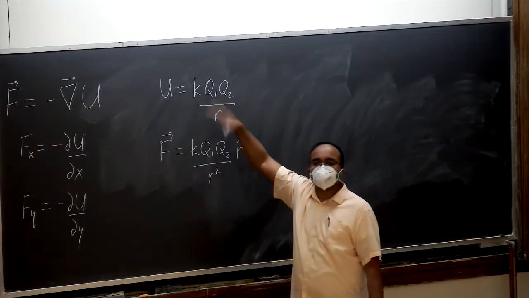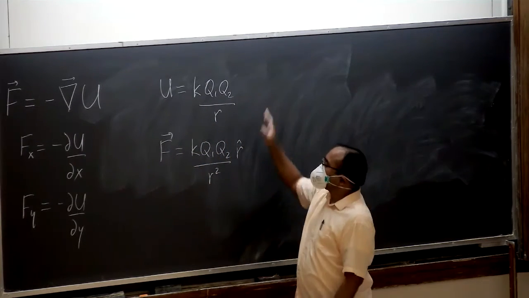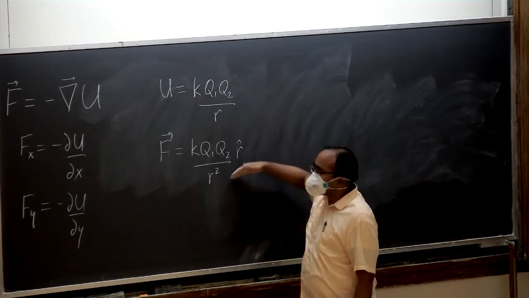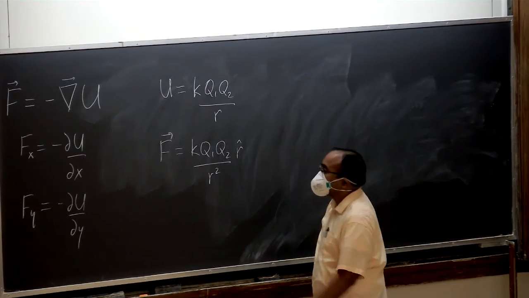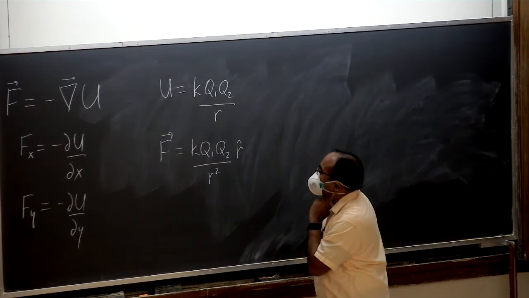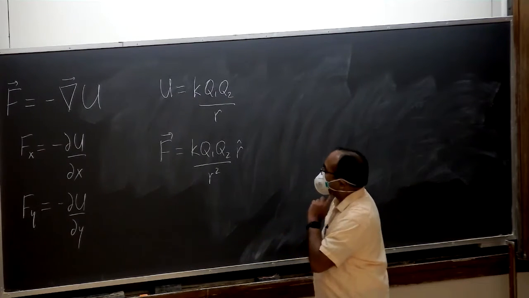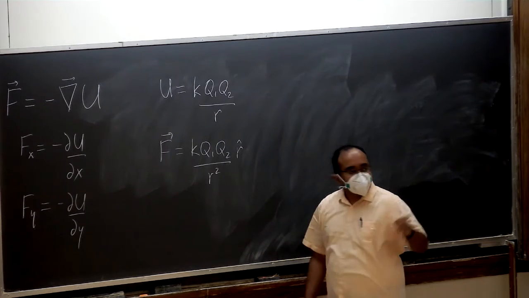But there's an additional minus sign, so the minus goes away. So the potential energy leads directly to Coulomb's law, like this. Did that answer your question? Other questions?